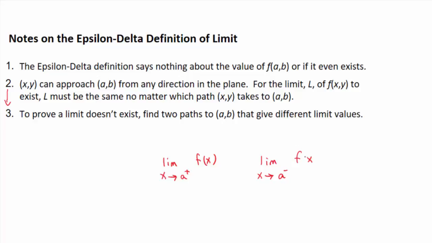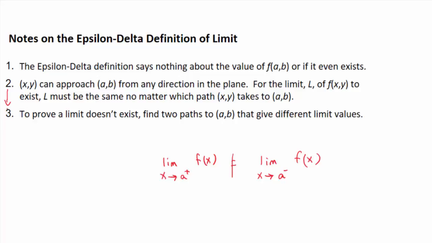And in order for that limit to exist, these had to be equal. They had to have the same limiting values. So if they weren't equal, then the limit didn't exist, did it? Well, we can say the same thing here. If you can find 2 paths, it doesn't matter which 2 paths, where the limit on one path doesn't equal the limit on the other path, then the limit doesn't exist.